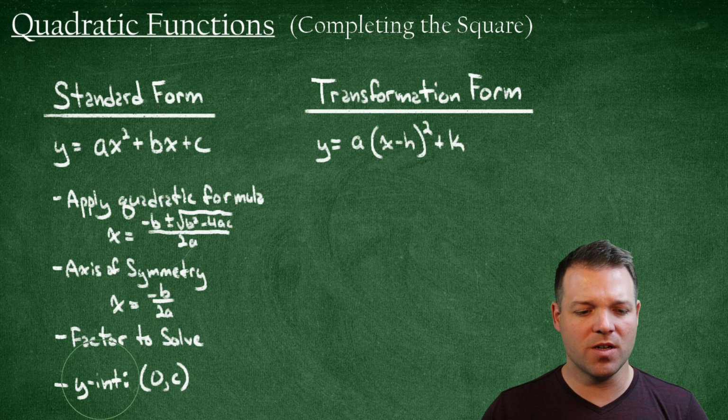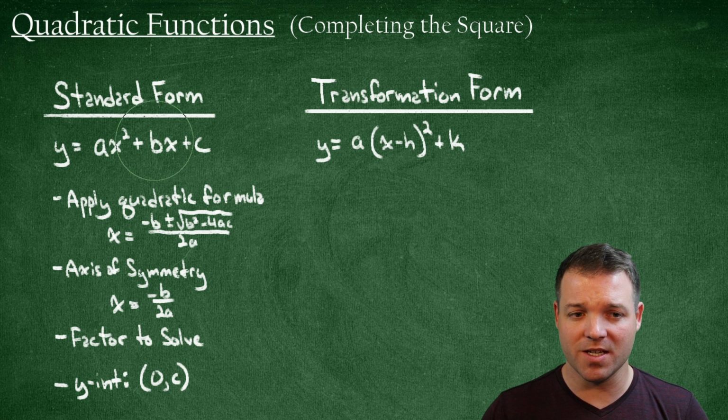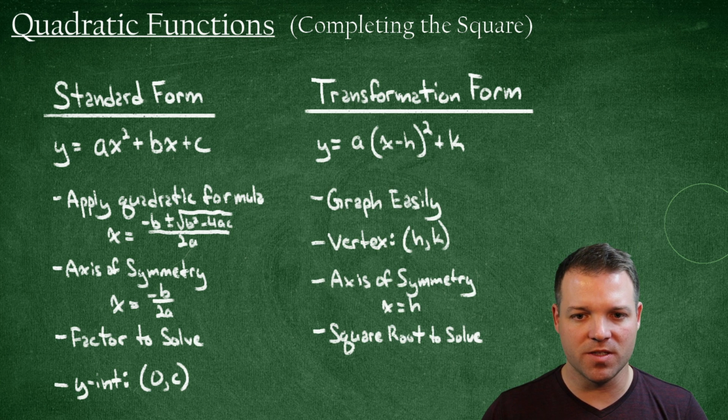You can also list the y-intercept very easily in standard form. To get the y-intercept, you plug in 0 for x, and if I have ax squared plus bx, both of these terms are going to cancel out if x is 0, just leaving me with c. So the y-intercept is always just 0 comma c. There are some of the benefits, not all of them, of standard form.